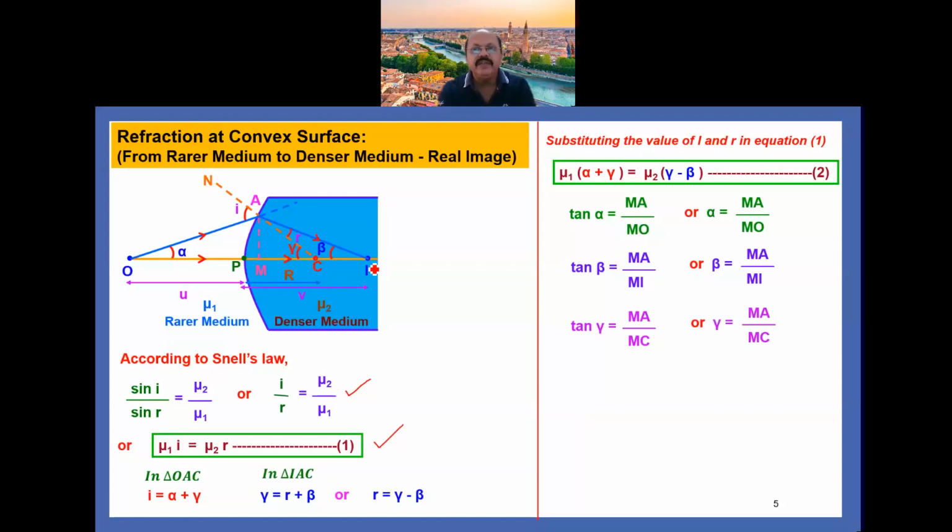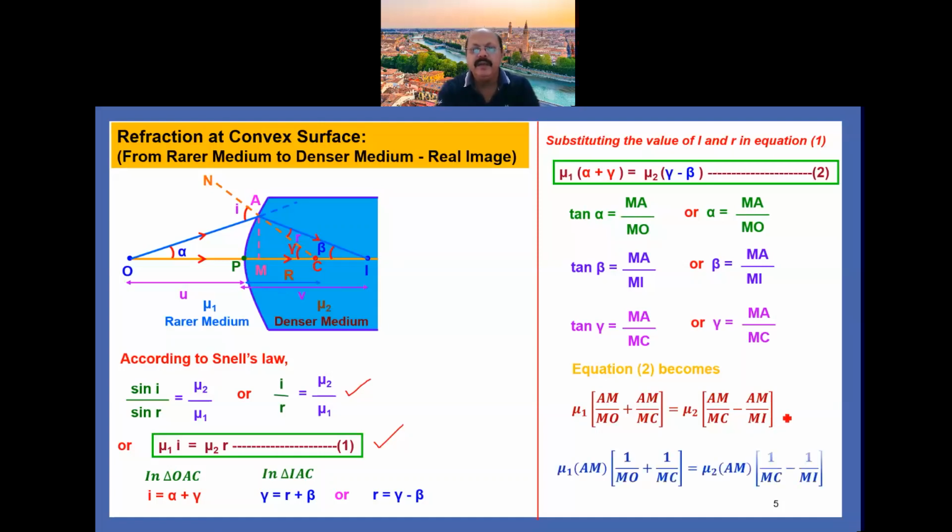Now substitute these values of alpha, beta and gamma in equation number 2. Then equation 2 becomes mu1 within brackets, in place of alpha AM upon MO, in place of gamma AM upon MC, equals mu2 within brackets, in place of gamma AM upon MC, minus in place of beta AM upon MI. Now take AM common, so AM and AM get cancelled.